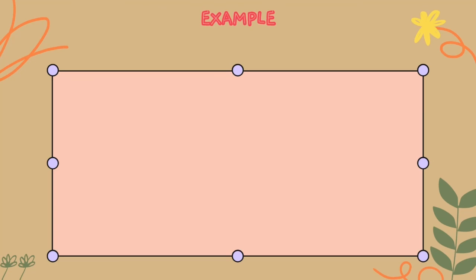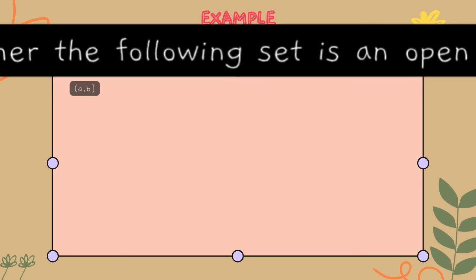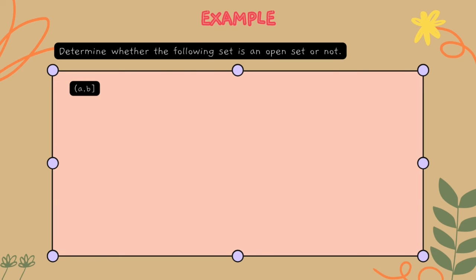Move on to the last part of this video, where we are going to talk about an example of subtopic 3.2. Determine whether the following set is an open set or not. So first, the interval (a, b] is not open, since not all of its points are interior points.